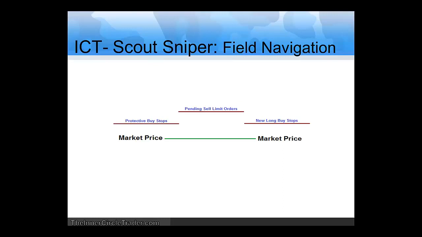And many times simply above that, just a little bit more, there are going to be pending sell limit orders for those that have possibly been long. In other words, we have net long traders in the market and we have net short traders in the market. The net traders on the short side want to protect their position, so they're going to have their protective buy stops somewhere above the market price. And again, the premise is this market price is now trading at a key level.